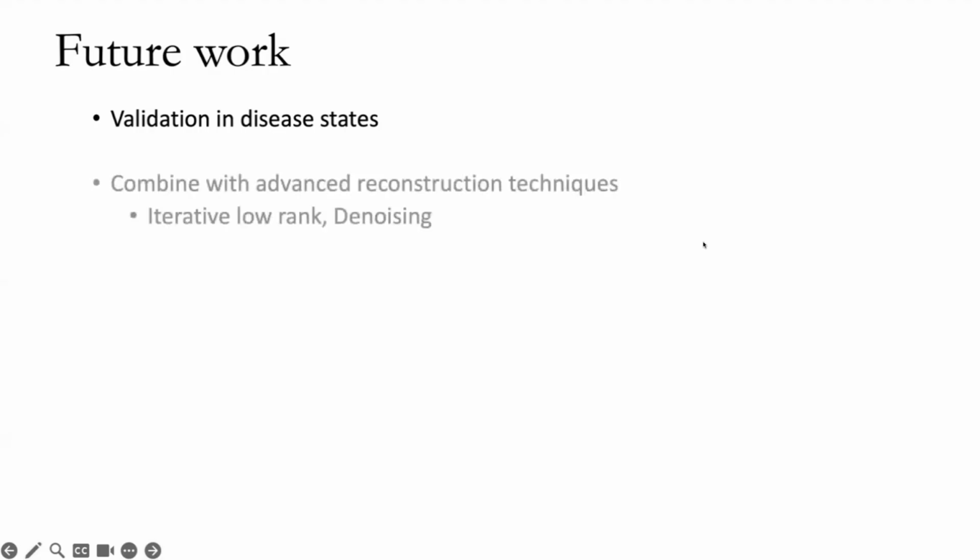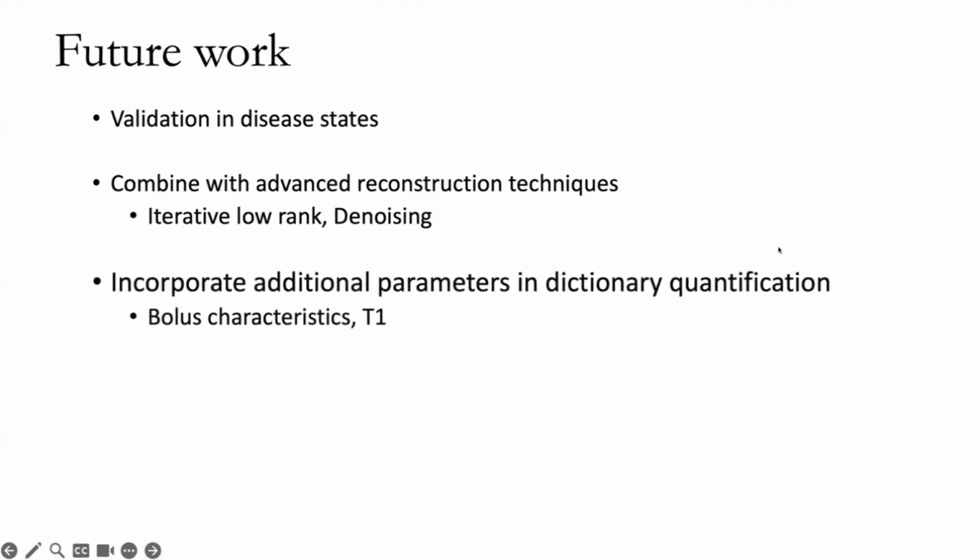Moving forward, this is very good and very promising in our normal volunteers, but of course we want to look at various disease states, specifically glioma or other diseases, to see how sensitive we are to pathology with these kinds of methods. Like I mentioned before, we've not applied or combined this with some of the other post-processing methods we have been working on, specifically derivative low-rank methods and denoising methods.